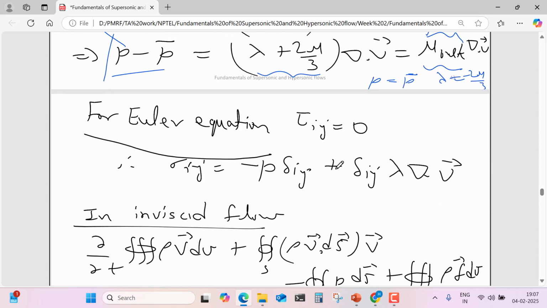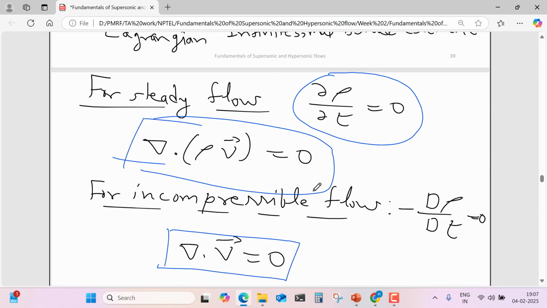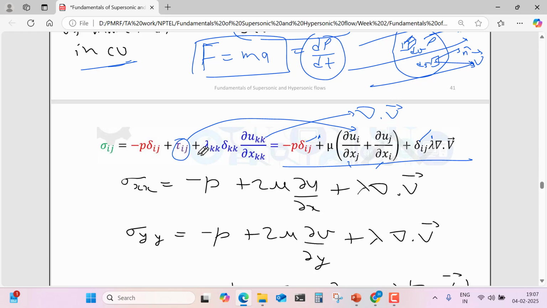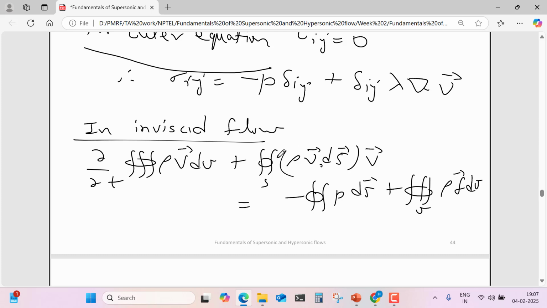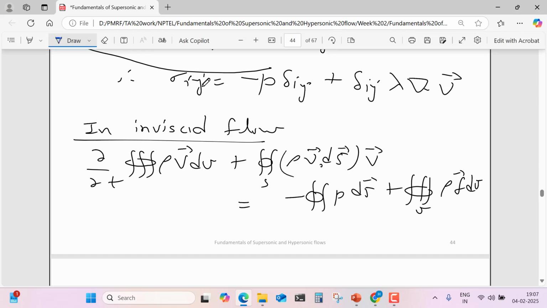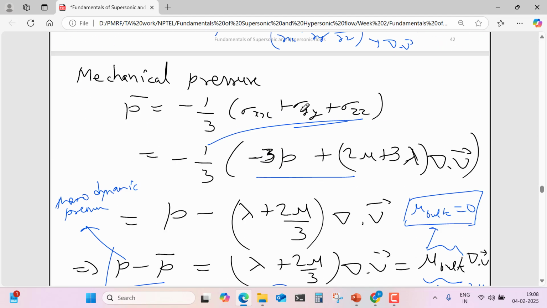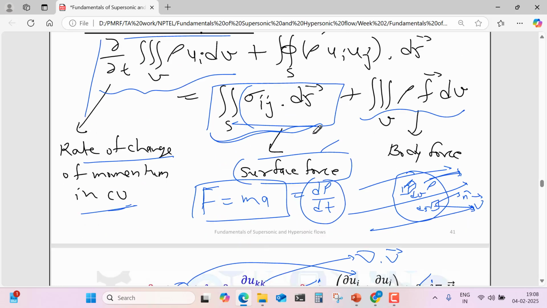If in this governing momentum equation we put tau ij equal to 0, then the equation is called the Euler equation. If tau ij equal to 0, then sigma ij is equal to minus p delta ij plus delta ij lambda del dot v. If we substitute this in this equation, then we will get the Euler equation.